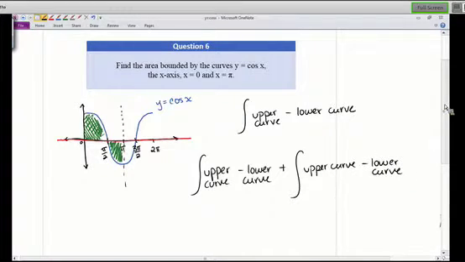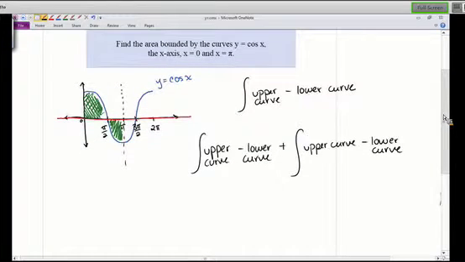Now just be careful when we're going to substitute into our integral. So in the first shaded region here, let's identify our upper curve. Our upper curve is going to be what I highlighted in blue, our cosine x. Now our lower curve in the first shaded region is what I highlighted in red, which is our x-axis.